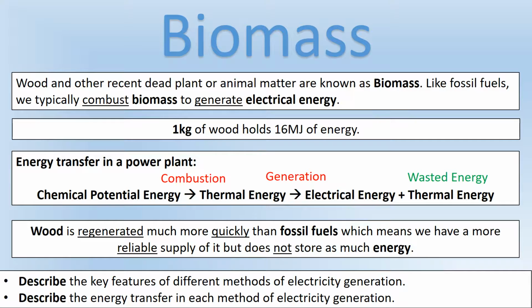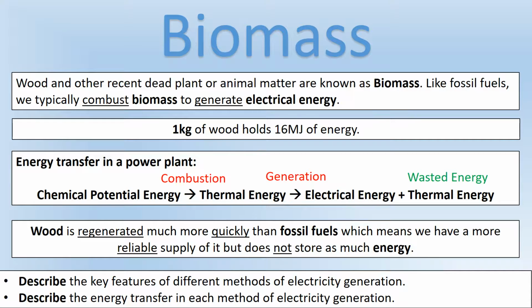So, for example, wood, which is a type of biomass, you can see 1 kilogram holds 16 megajoules of energy. So again, a lot of energy, not quite as much as the fossil fuels, but still a good amount. And we release the energy in exactly the same way. We burn it to produce thermal energy. We use the thermal energy to vaporize steam, which spins a generator to generate electrical energy, and we still waste lots of thermal energy.